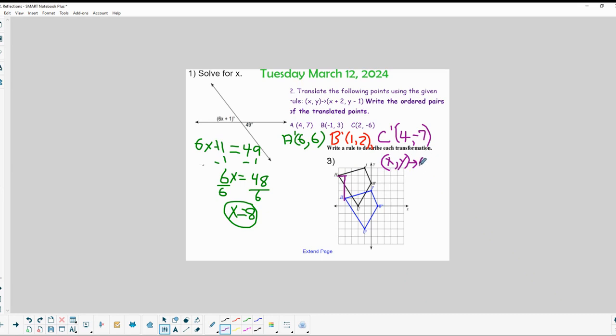So for the x value, x increased by 1, and then our y value decreased by 3. So that's our translation rule right there. Okay, so hopefully you're starting to get those down.